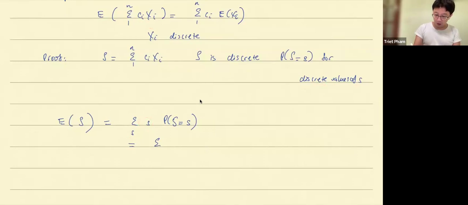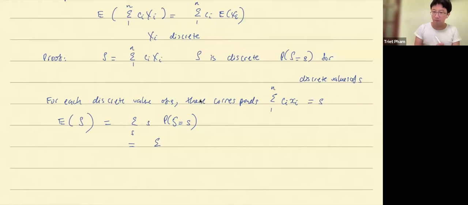So in other words, for each discrete value of S, there corresponds the Ci Xi, these values of the Xi, such that the sum must be equal to S.